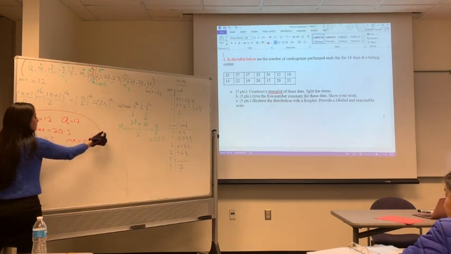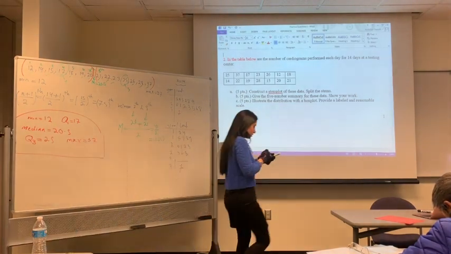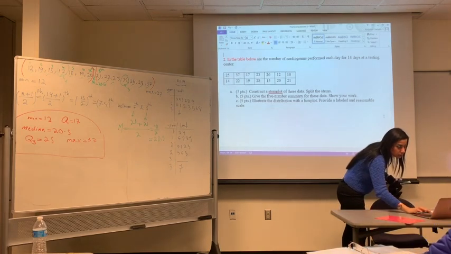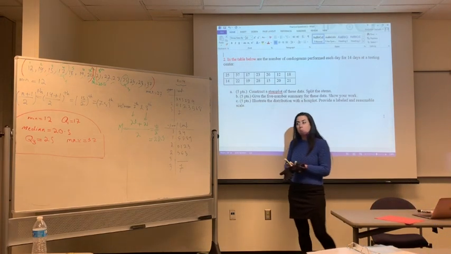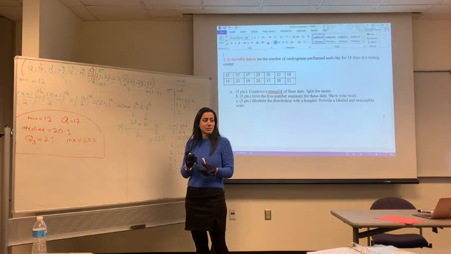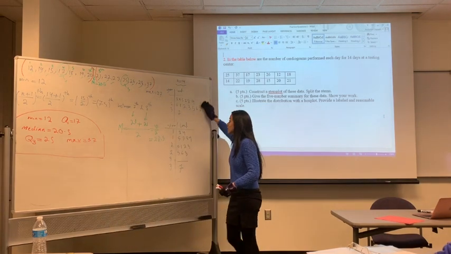This is the 5-number summary. Correct? Do you have any questions so far? So let's draw a box plot. Okay, we have time.